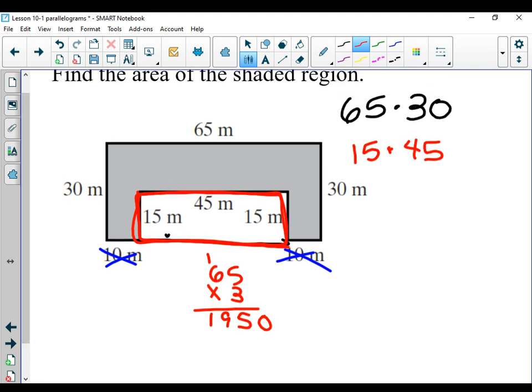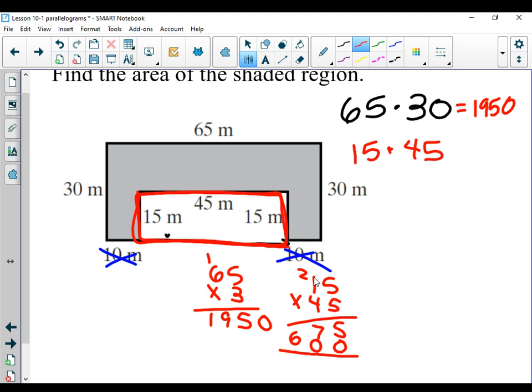Anybody? So 15 times 45, I'm just gonna have to tough that one out. 675? Anybody? 675?